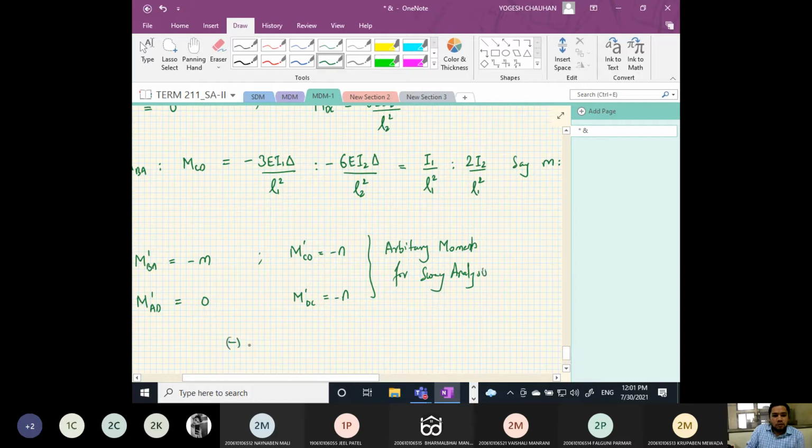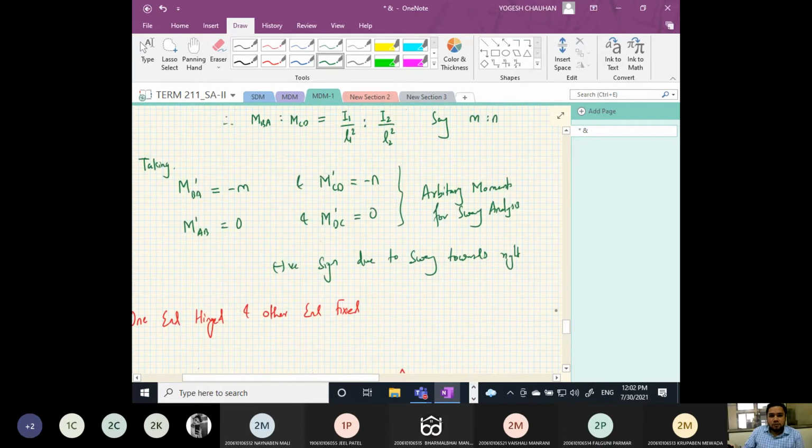Again here negative sign due to sway towards right. Since it sways towards right, that is why it is negative.